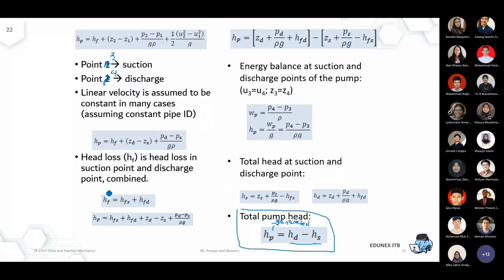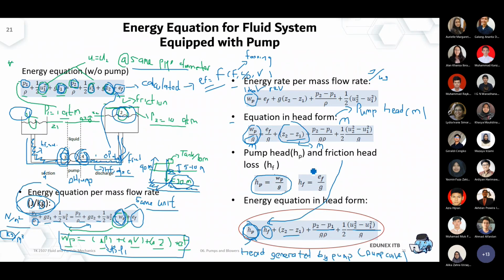So that's what I explained over here, that previously we just stated that the energy of the pump has to compensate all the friction between points 1 and 2. So let me change that. When I talk about HF, I talk about all the friction from the source all together up until the destination point.